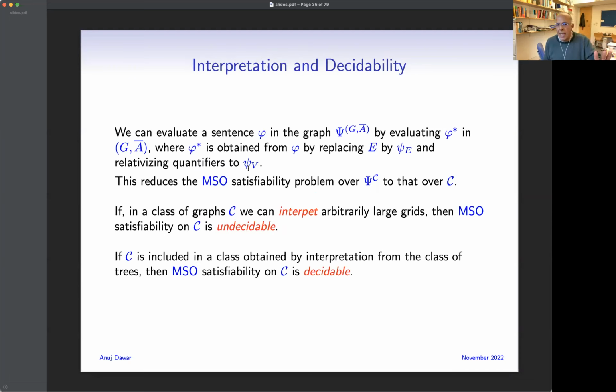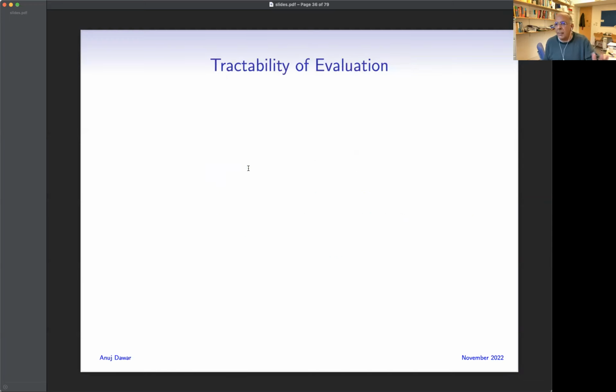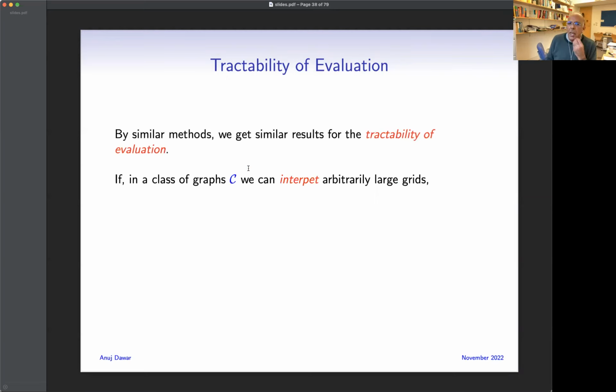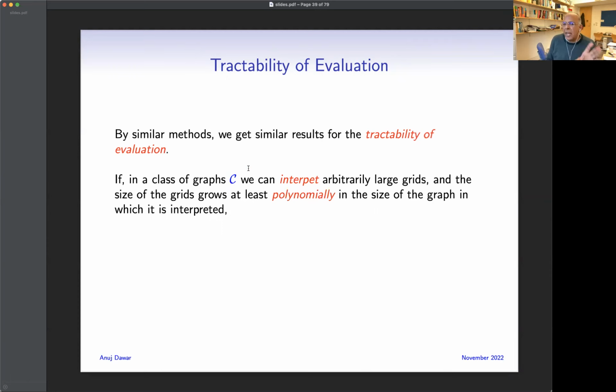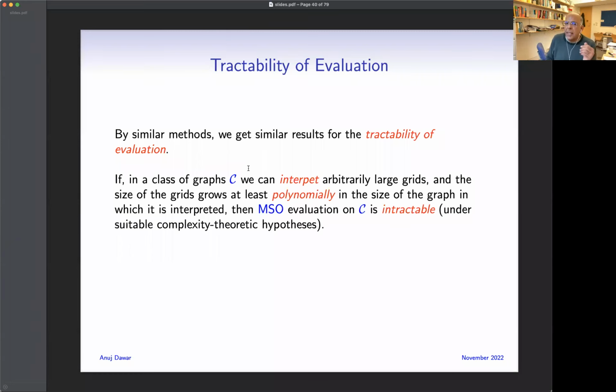I said this about decidability. You can say something similar about tractability, but there's a slight caveat here. Suppose we have a class of graphs in which we can interpret arbitrarily large grids, and the size of the grids is not too small, so it grows at least polynomially in the size of the graphs in which it is interpreted. Then MSO evaluation on C is intractable. Okay, so the thing is, of course, to get intractability, your grids still have to be large enough.